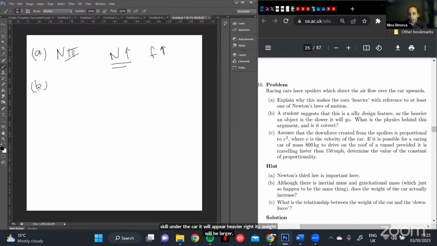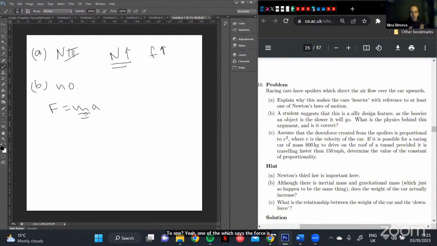So in part B, a student suggested this is a silly design feature, as the heavier object will go slower. Why? What is the physics behind this argument, and is it correct? The answer is that it's not correct, because the statement that a heavier object goes slower is not fundamentally true. What they're referring to is Newton 2, which says that the force is proportional to the mass of an object.